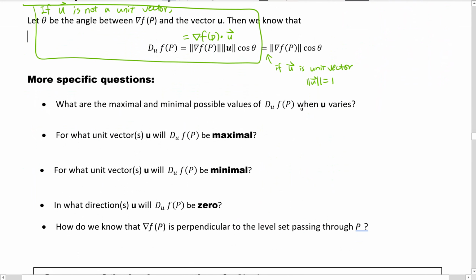More specific question: what are the maximal and minimal possible values of the directional derivative when u varies?